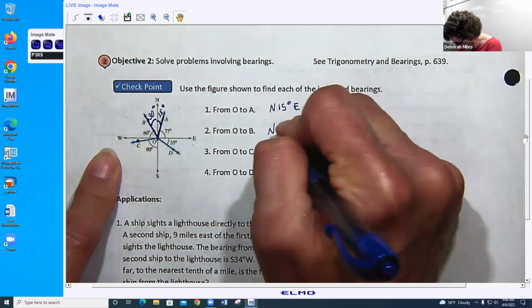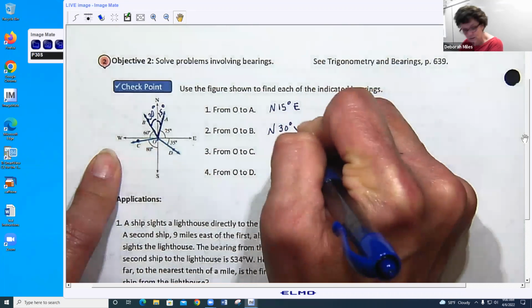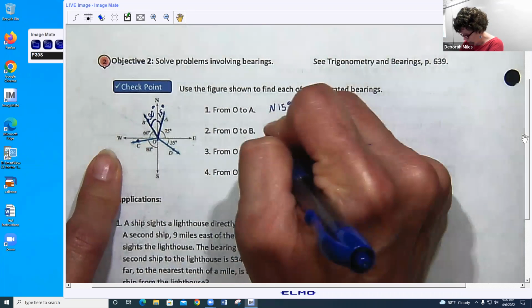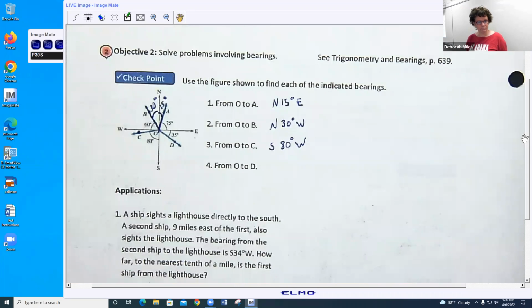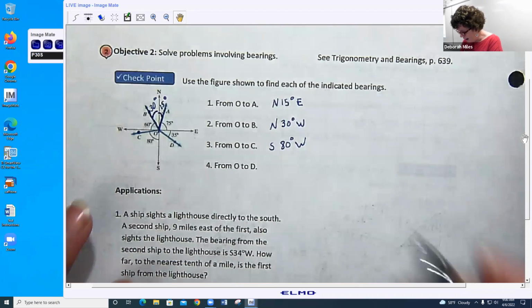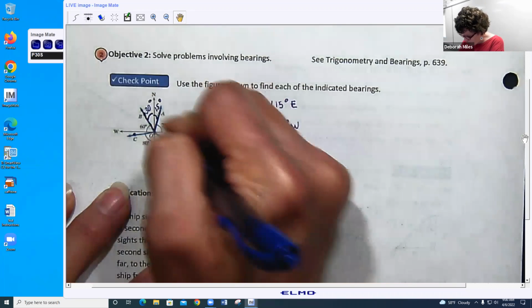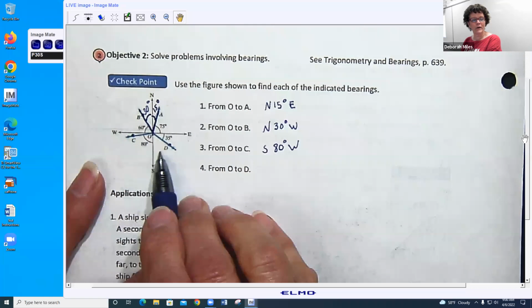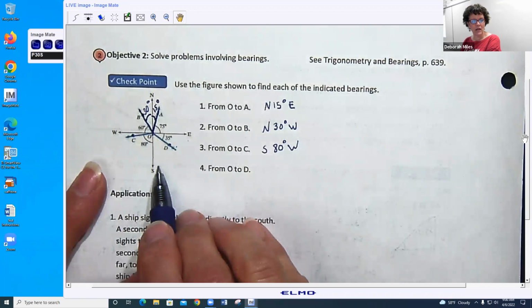West. We are 80 degrees west of the north line or the south line? South line. And one more, from point O to point D, how far are we from the north-south line?